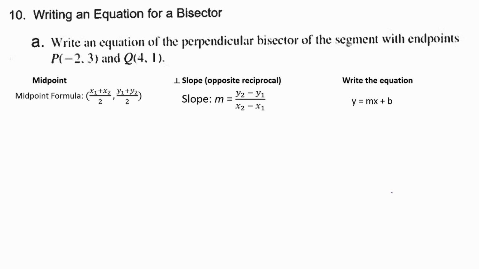All right, our last type of problem is we're integrating some of our algebra skills back in, especially with writing equations of lines. So I've given you some helpful hints up on the screen already. So I've given you the midpoint formula. I've given you the perpendicular slope is the opposite reciprocal, as well as the formula for slope.